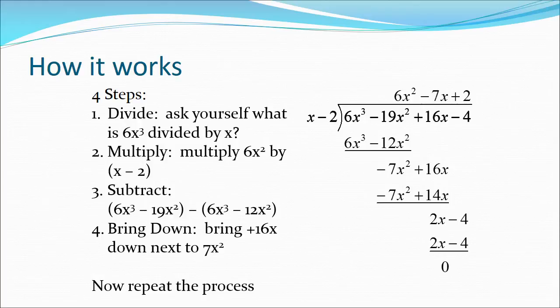Multiply, so we get negative 7x squared plus 14x. Subtract and get 2x. Bring down the minus 4. And then finally, what do you multiply x by to get 2x? You multiply it by 2. So multiply 2 times x minus 2, 2x minus 4, and when we subtract, we get a remainder of 0.